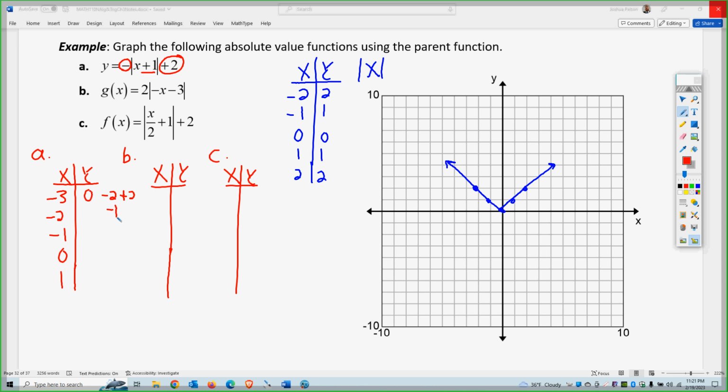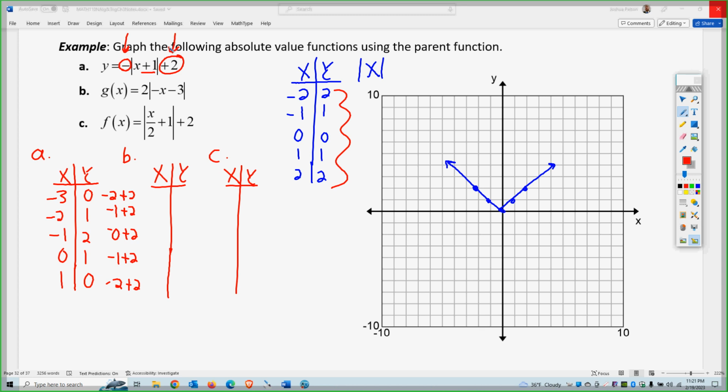Then -1 plus 2 is 1. Then -0 plus 2 is 2. Then -1 plus 2 is 1. Then -2 plus 2 is 0. Again, I'm negating these y values first, and then adding 2 second.